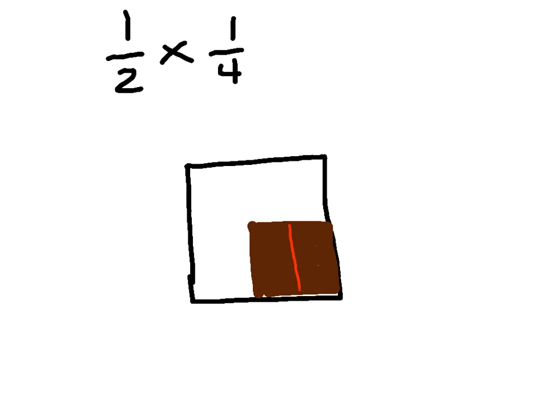And I'm going to divide that quarter pan of brownies into two pieces in order to figure out what half of that quarter pan of brownies actually is. Well, half of that quarter pan of brownies is a piece about as big as this section right here.